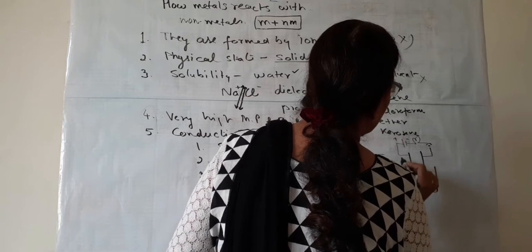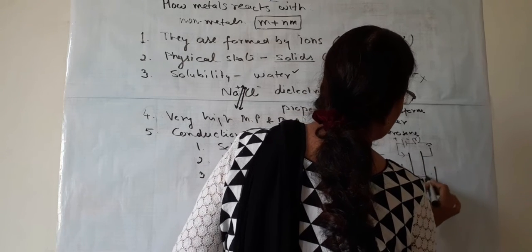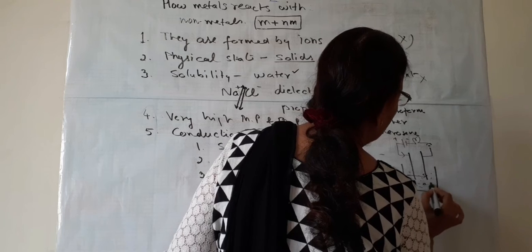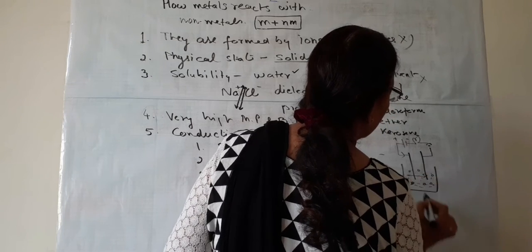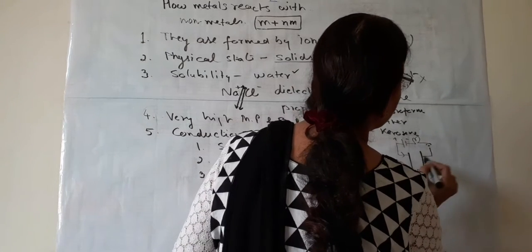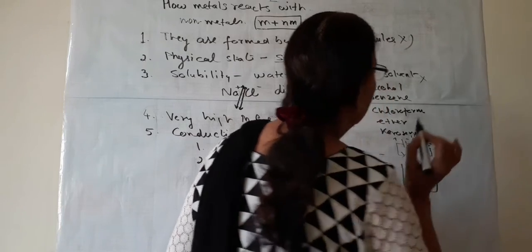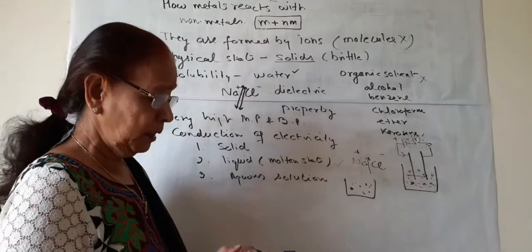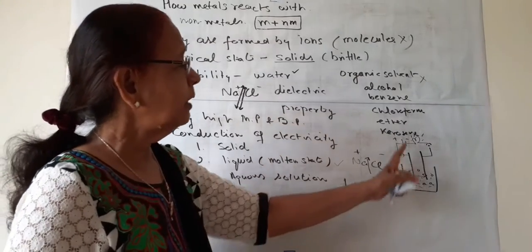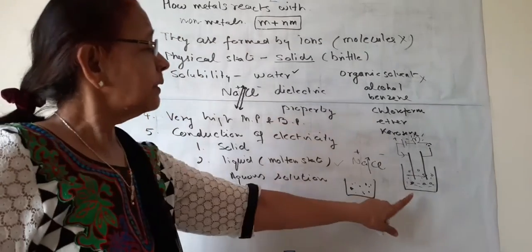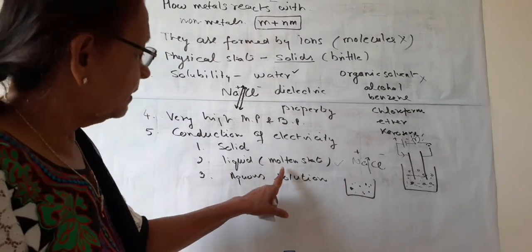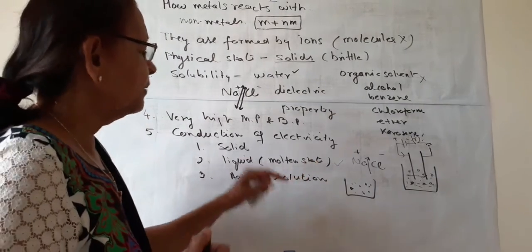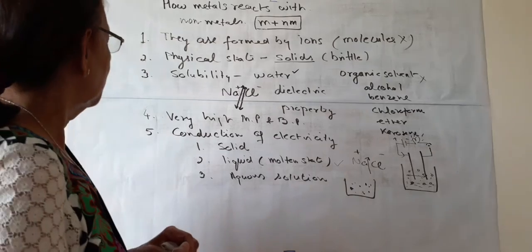The electricity will pass as the ions are free here. Sodium and chlorine are free, electricity can pass, and the bulb will glow. We know, very simple experiment. We have done it quite a few times. So it shows that electricity passes in molten state as well as in aqueous solution.